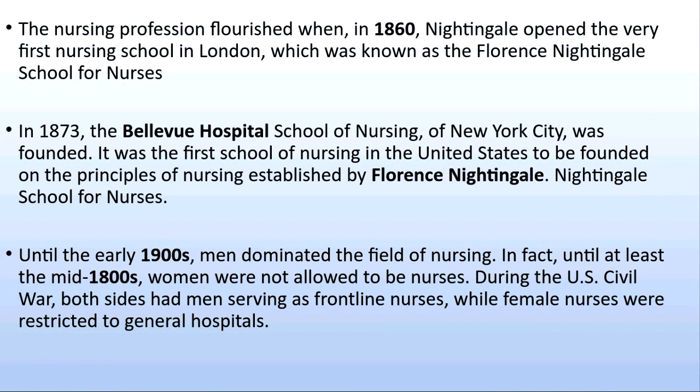Up until the early 1900s, men actually dominated the field. In about the mid-1800s, women weren't allowed to be nurses. But during the Civil War, of course, the men were fighting, so female nurses had to pick up from there and were in the hospitals taking care of people at that point.